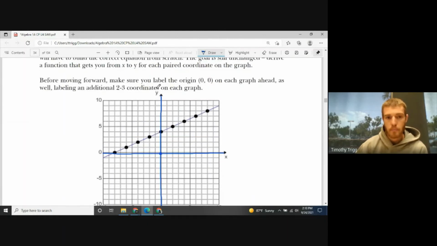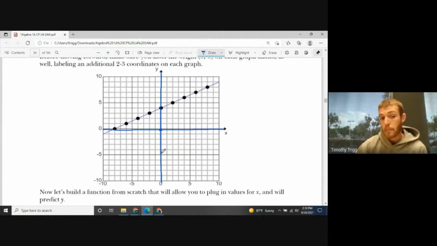But yeah, I would say darken up the x and y axis so you can clearly see where these two axes cross each other. In this case, here's (0, 0). Here's where x and y cross each other. So don't be confused. For example, the point (2, 2) is right here.